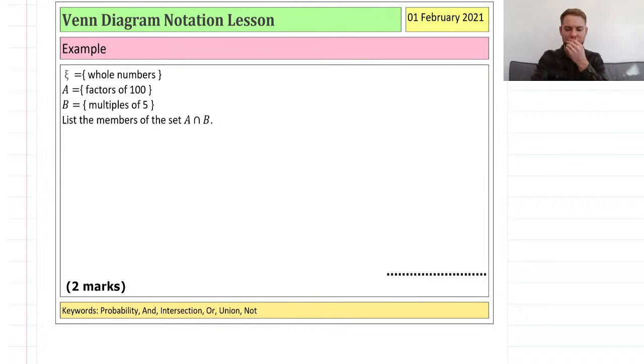Okay, let's have a little go at this one together then. So if this was me, I would probably write out the factors of 100 first. Okay, so let's write out what those are.